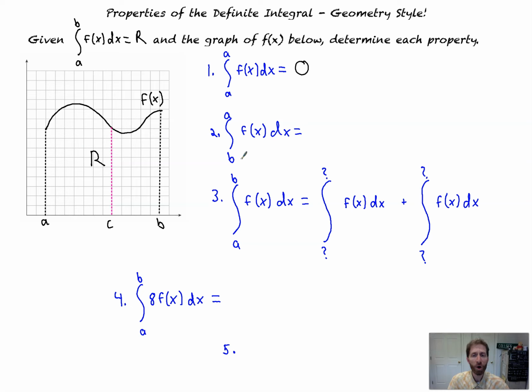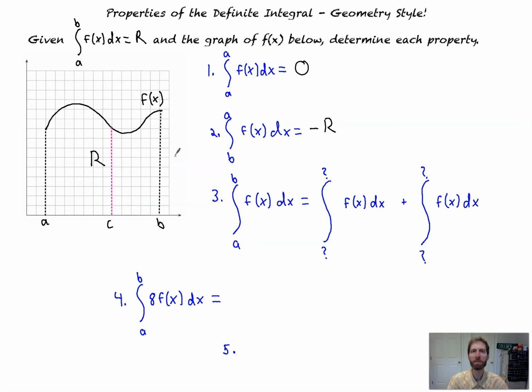This next one says, what happens when you reverse a and b? So instead of integrating from left to right, you're integrating from right to left. Well, what that would do is completely flip your delta x, if you will. You end up with the opposite r value. You end up sweeping out area this way instead of going left to right this way.